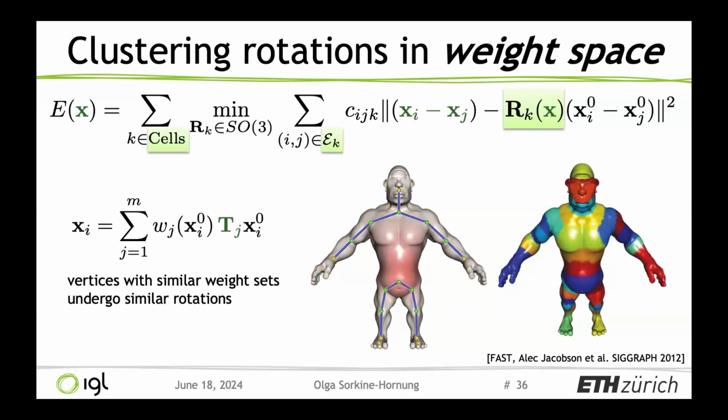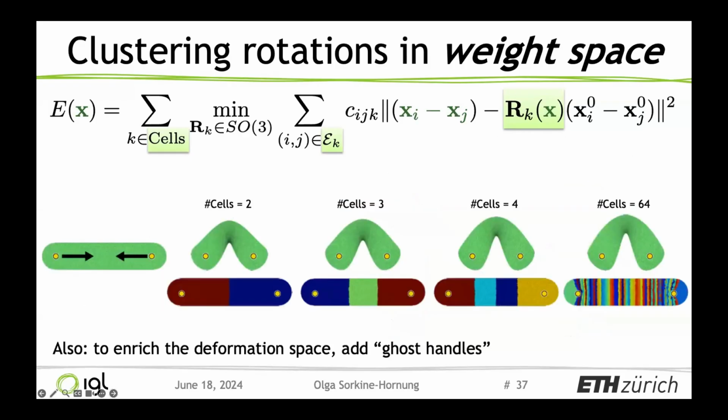So we can cluster the mesh vertices based on the skinning weights, because if two vertices have similar skinning weights, they will deform in a similar manner. So we can do this clustering and only perform the rotation optimization per cluster. That works much better, much faster, sorry. Obviously, you can see here a comparison on the dependence based on the cluster number.